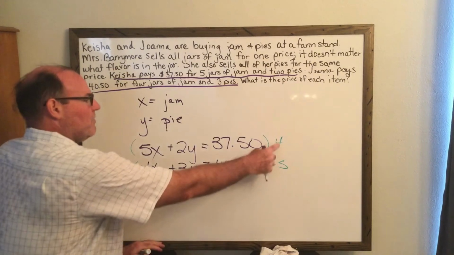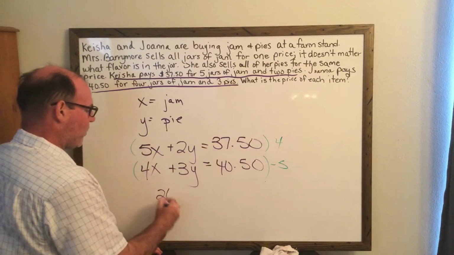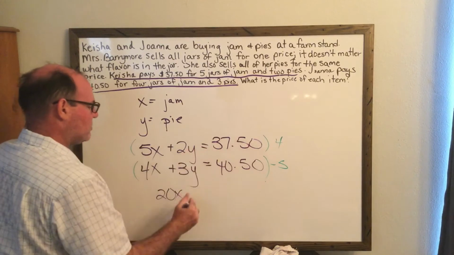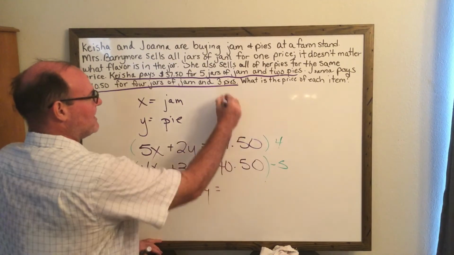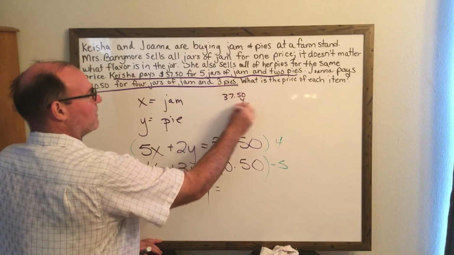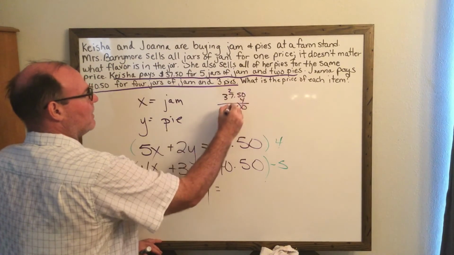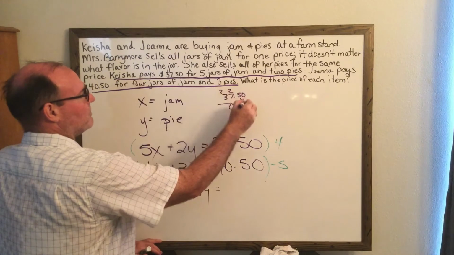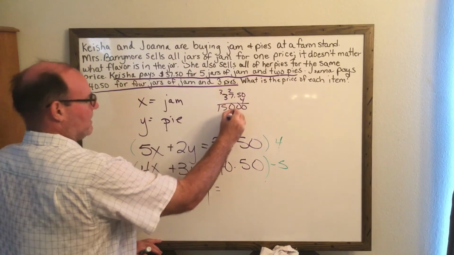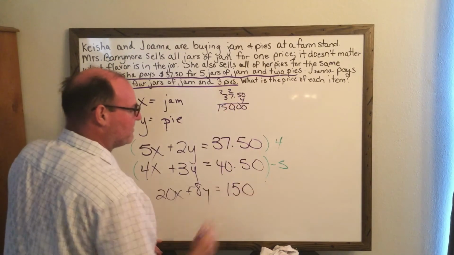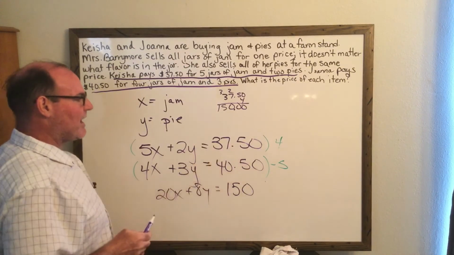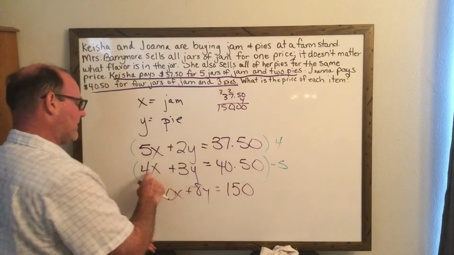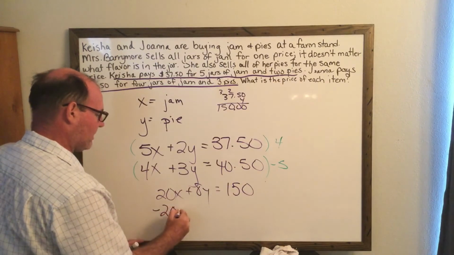So here we go. 4 times 5, that is 20x. 4 times 2, that is 8y. And then 4 times 37.50, I need to do this on my scratch work because I don't have a calculator with me. That's $150. I'm just going to leave the decimals. Then when I do negative 5 times the bottom one, negative 5 times 4 is negative 20x.